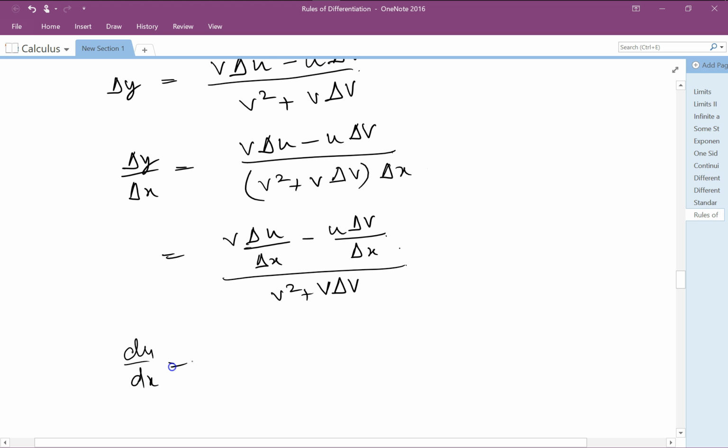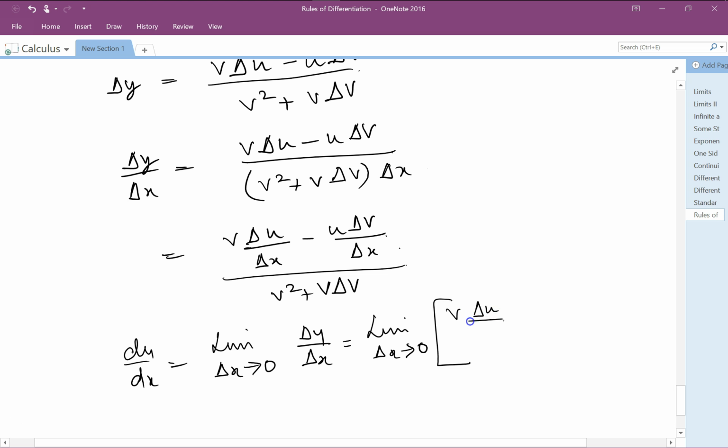dy by dx would be what? Limit as delta x approaches 0 of delta y by delta x, which is equal to the limit as delta x approaches 0 of this entire expression, v delta u by delta x minus u delta v by delta x, the whole thing divided by v square plus v delta v.